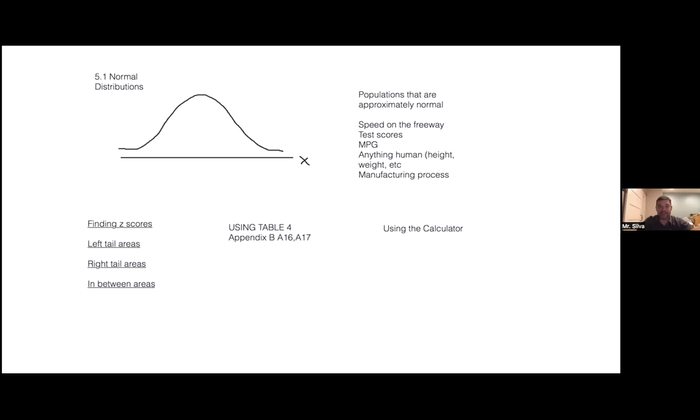And anything that is manufactured. If you go to the store and you buy any product, it says on a water bottle, this water bottle has 16.9 ounces of water in it. Well, is it exactly 16.9000 ounces? And the answer is probably not.